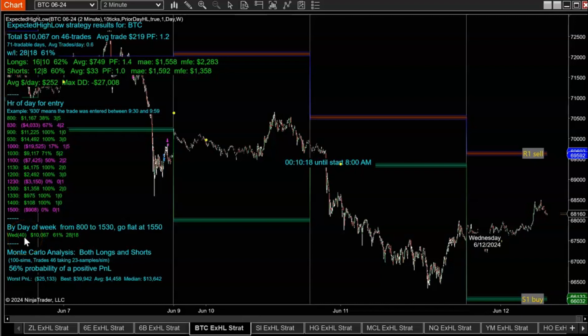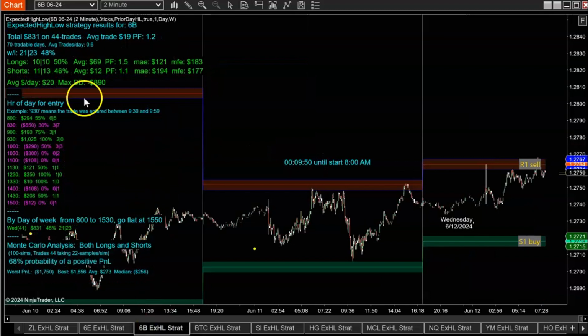So, you only get a signal about once every other day. Monte Carlo shows a 56% probability of following this plan of being in positive. So it's kind of volatile. It's very volatile. Certainly, you would want to be running very tight stops if you trade the Bitcoin futures.